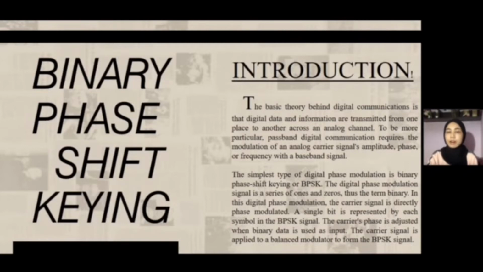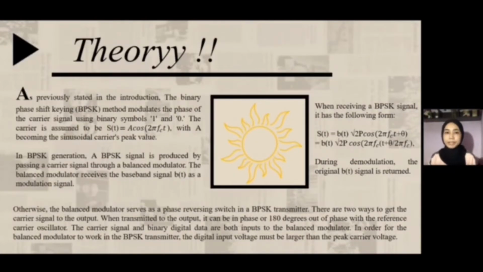And then for the theory part, as previously stated in the introduction, the binary phase shift keying BPSK method modulates the phase of the carrier signal using binary symbols, which are 1 and 0.